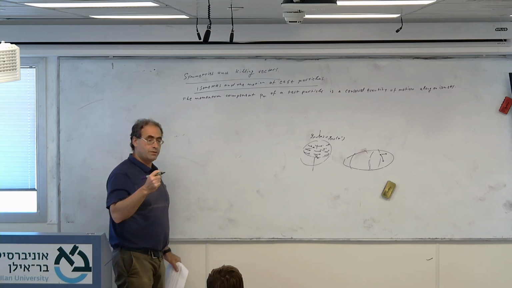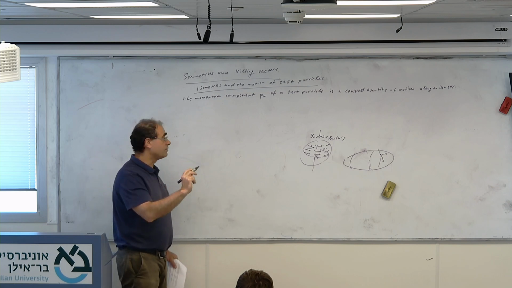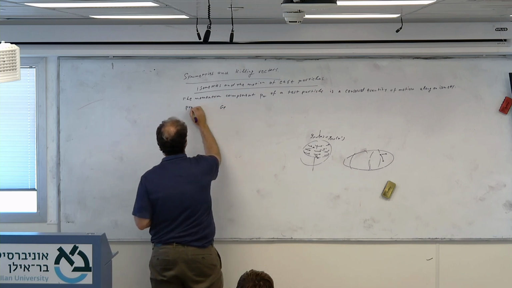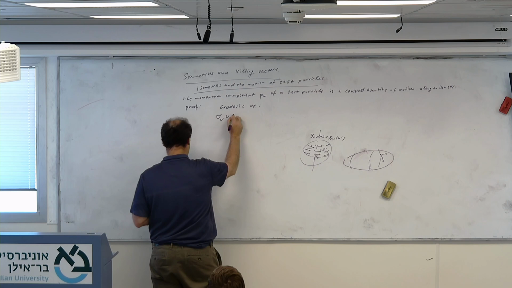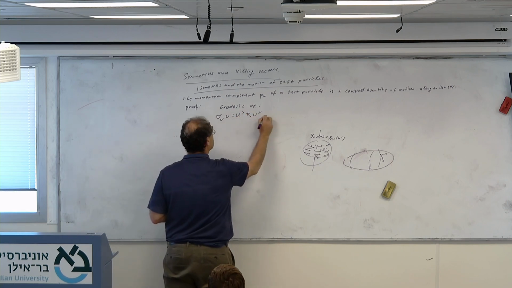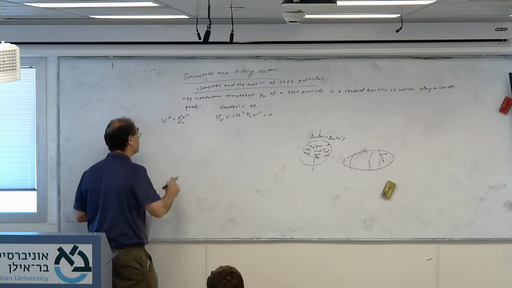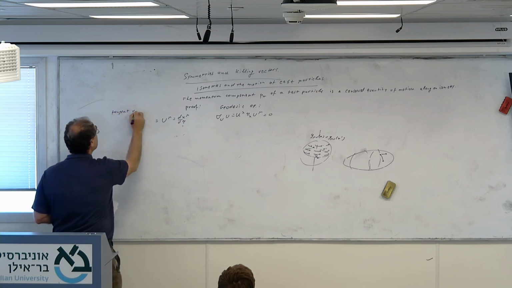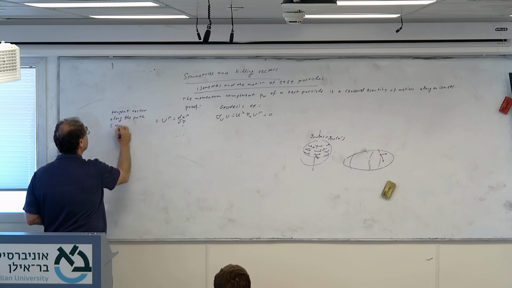So remember that we showed that we can write down the geodesic equation. That's the equation that the tangent vector is always parallel to itself. Geodesic equation: u lambda nabla lambda u mu is equal to 0, where u mu is dx mu over d tau, the tangent vector along the path.